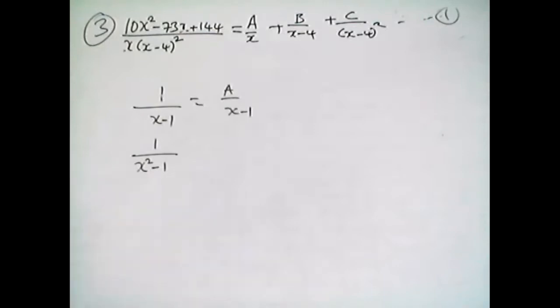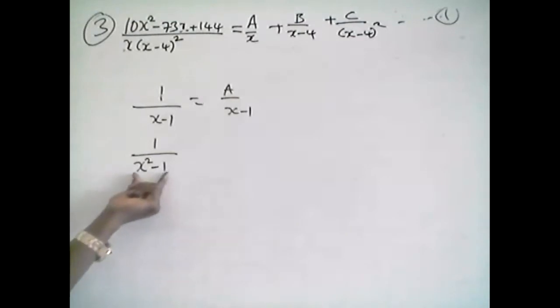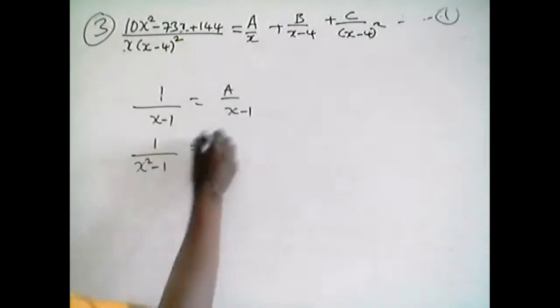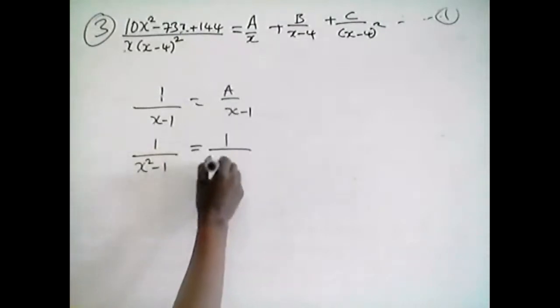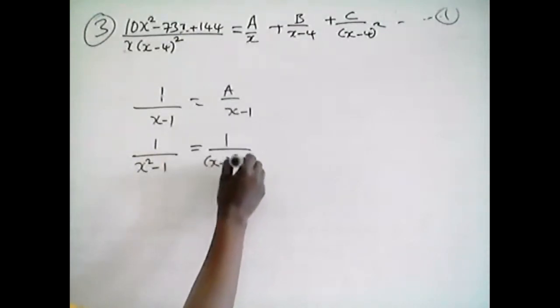Or if at all you have 1 over x squared minus 1. Is this linear? Is this quadratic? Is it a repeated root? You have to ask yourself those questions. When you look at this, it's just the difference of two squares. So this will automatically give you 1 over x minus 1 times x plus 1.